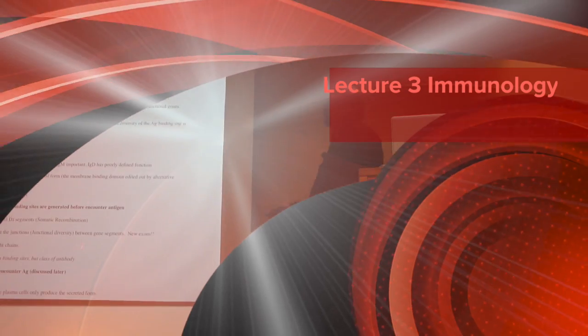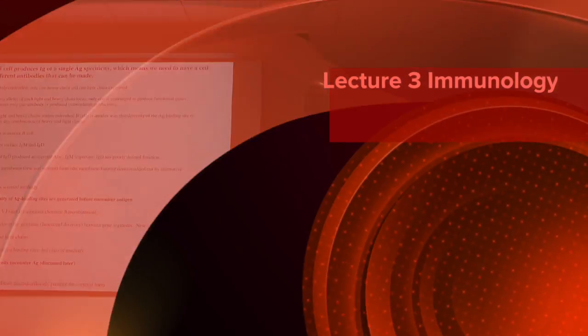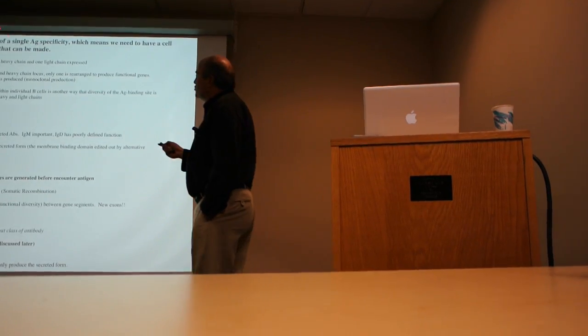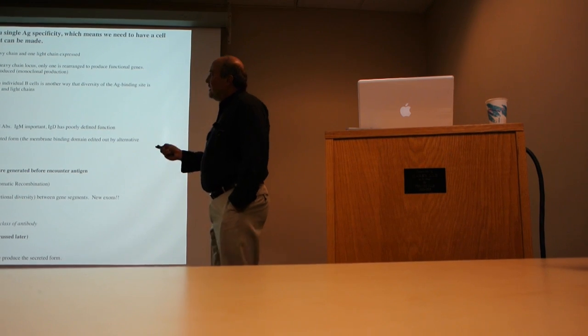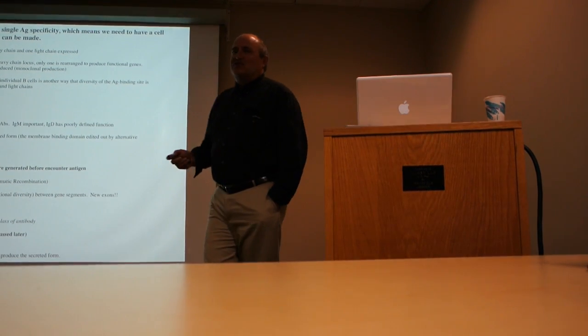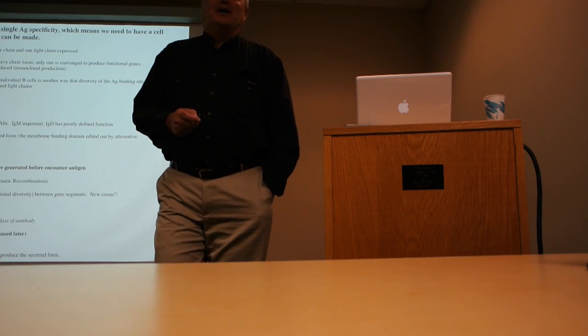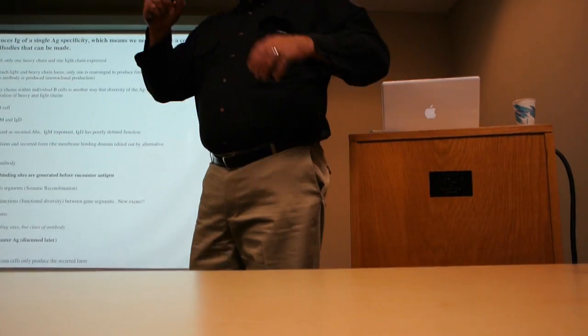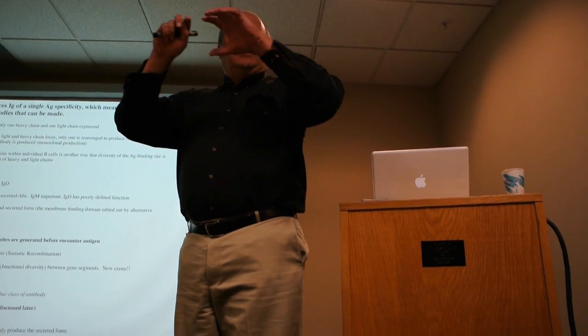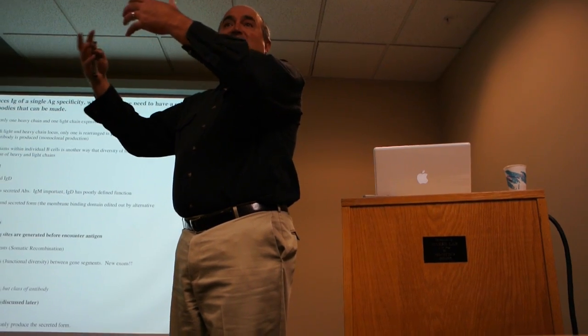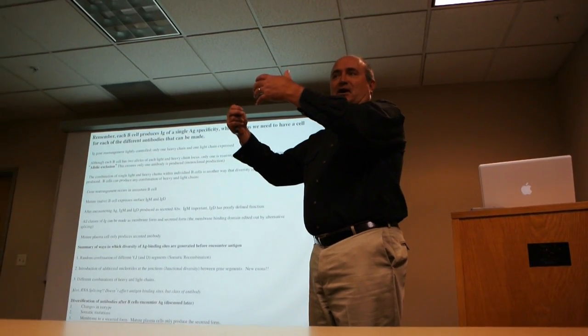All right, so I left with this boring slide yesterday. And this just touches on a number of features that we quickly went through in the context of how we generate this level of diversity in the antibody molecule that I've been talking about.